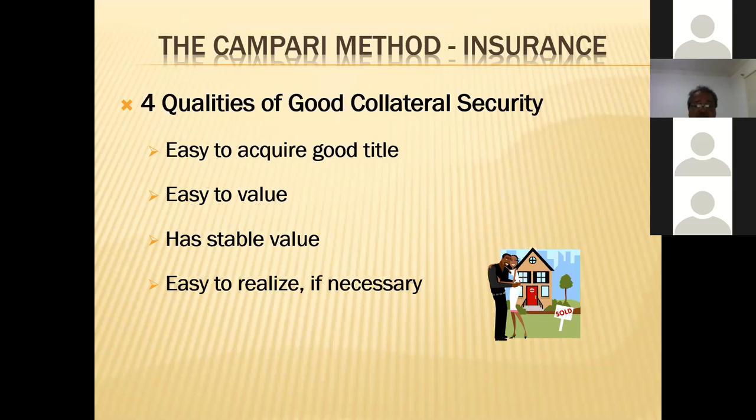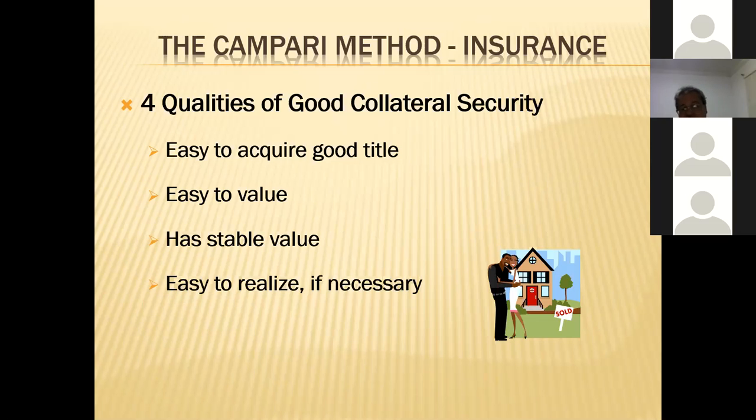Is there a market for this particular collateral security that is pledged? Okay, so if it's cash, no problem. You've got your certificate of deposit, bam. It's just a matter of liquidating it. If it's real estate, it may take a little while to sell, but you should get your money back.